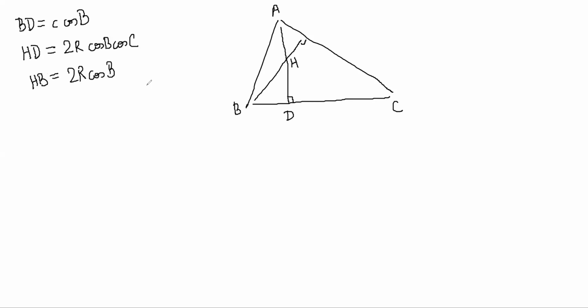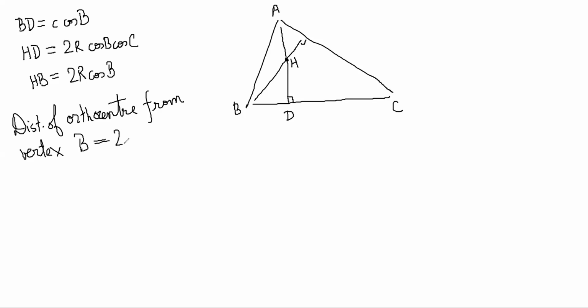Now, this is the distance of the orthocenter from the vertex. The distance of the orthocenter from vertex B is equal to 2R cos B, right?